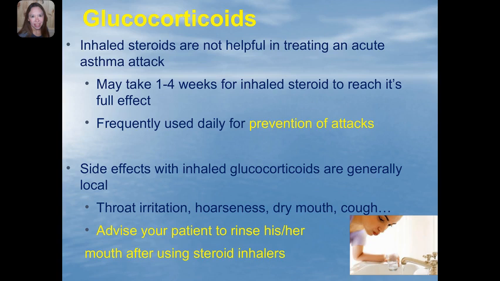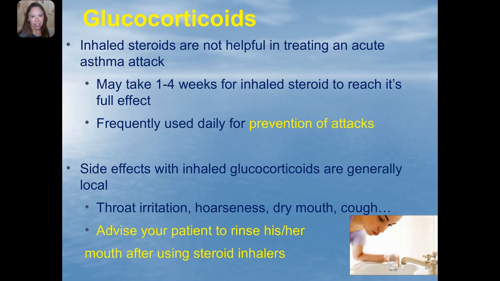Again, we're using these to prevent the asthma attack. It actually takes a little bit of time for the medication to reach that therapeutic level with the inhaled steroids. So it can take 1 to 4 weeks for us to be seeing the benefit of using these medications for asthma.